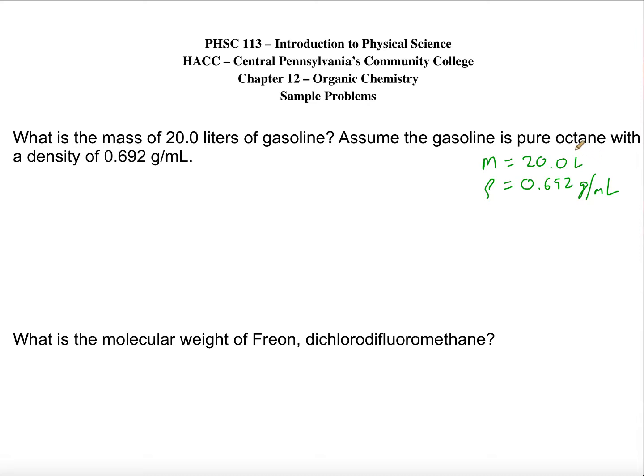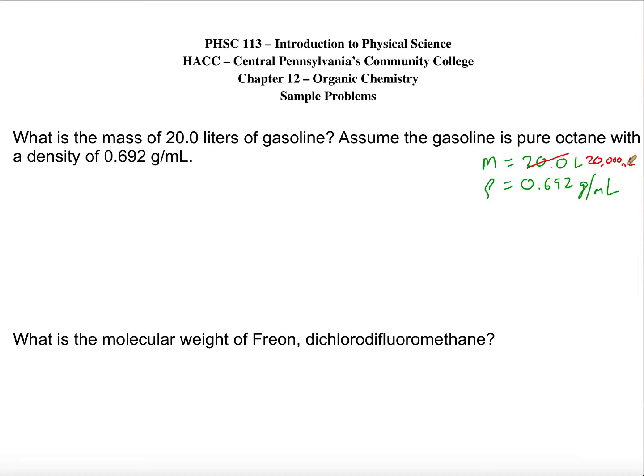We have liters for the mass and milliliters for the density. We have to convert one of those in order to be able to use this. So the easiest way to do this would probably be to, instead of writing this as 20 liters, write it as 20,000 milliliters. So now the units will actually match up.